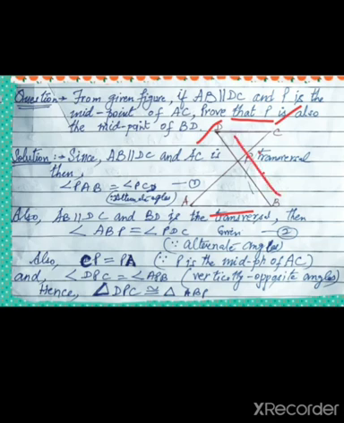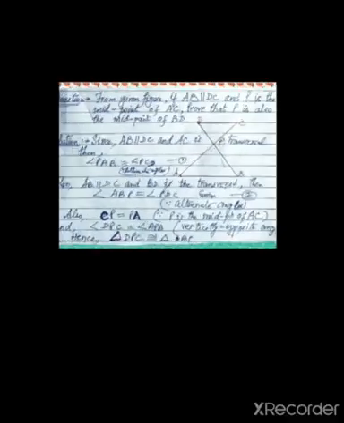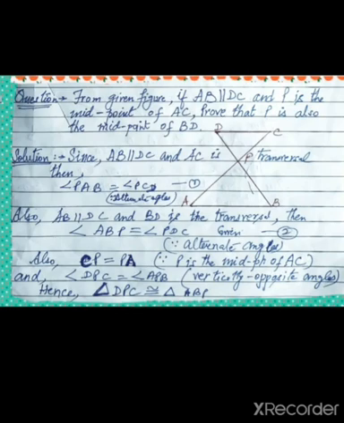Means indirectly we have to prove that the measurement of DP is equal to PB, that is, DP equals BP. Now go towards the solution.